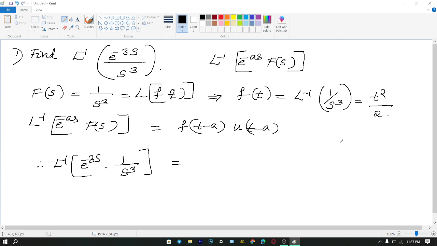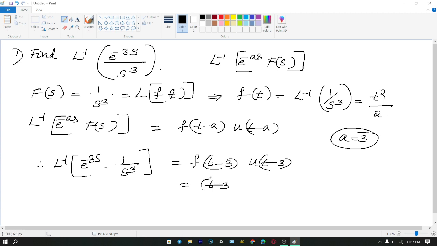So here we have f of t minus 3 into u of t minus 3. Now we can substitute the values here. f of t is t square by 2. So here we have t minus 3 the whole square divided by 2 factorial into u of t minus 3.